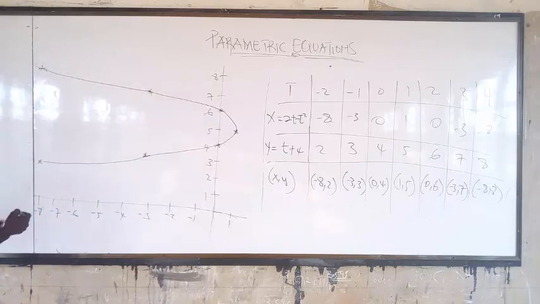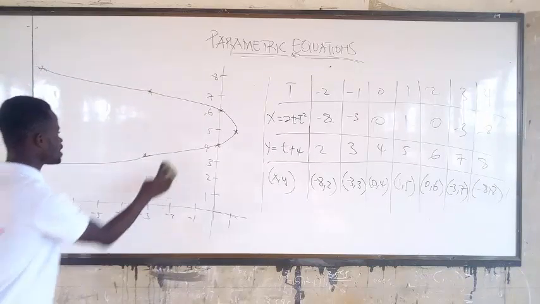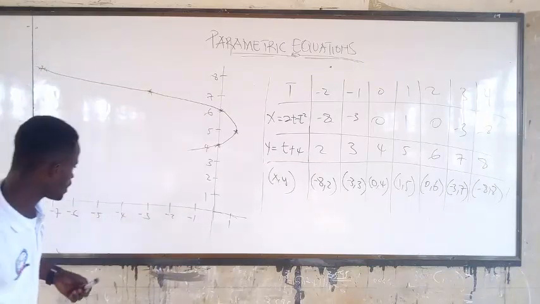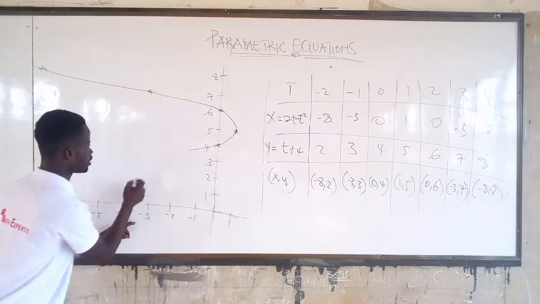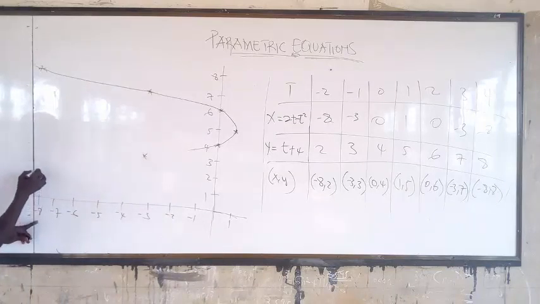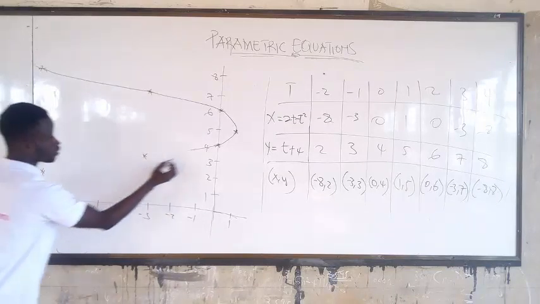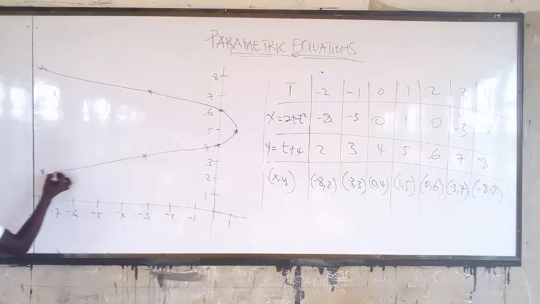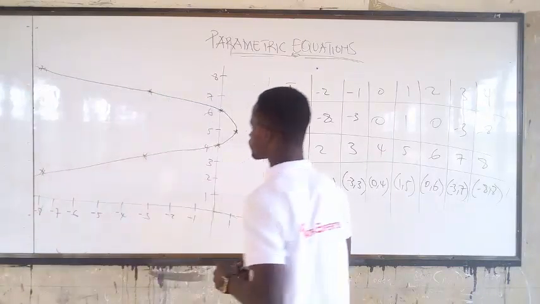So it's going to be something like this. Let me clean it and do it well. I've cleaned the point, negative 3, 3. So that's how the graph is going to be.